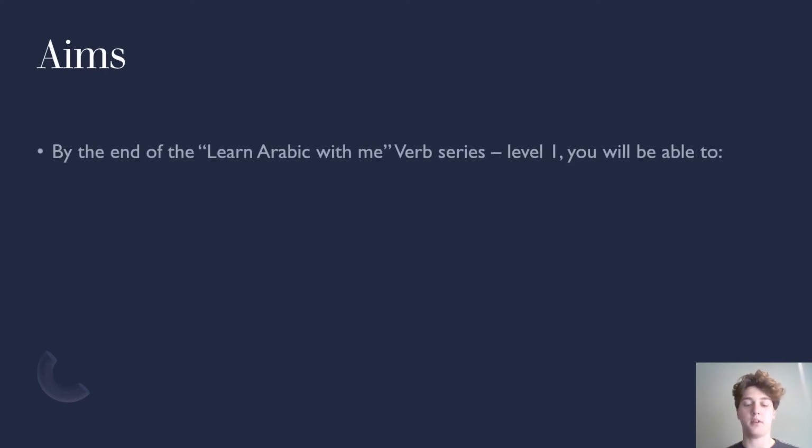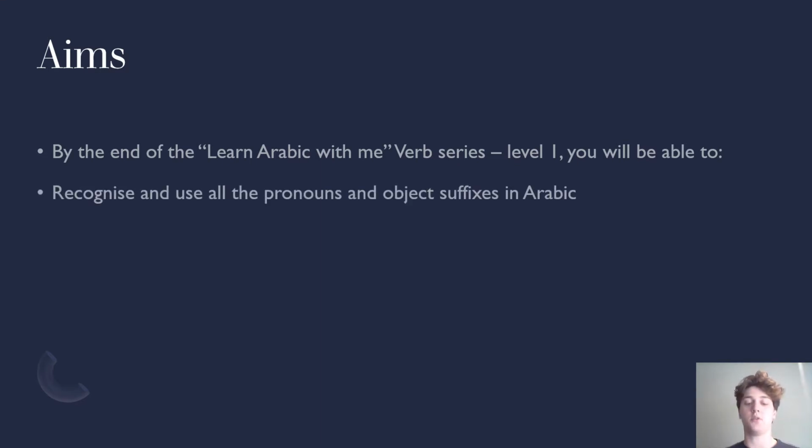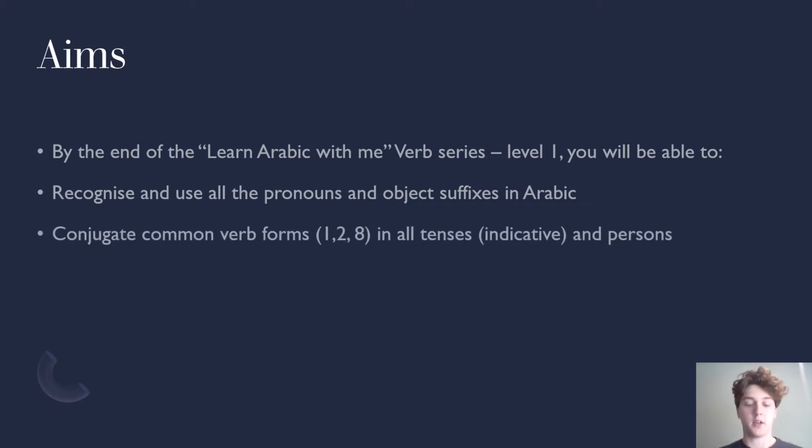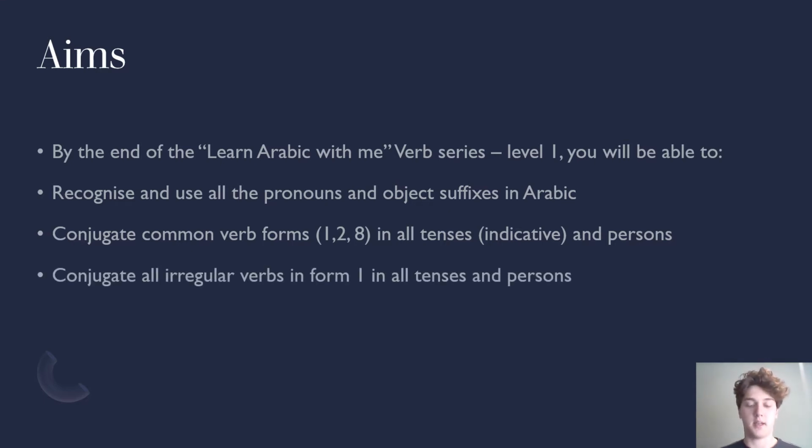Now, these are the aims of level 1. By the end of the Learn Arabic with Me verb series level 1, you'll be able to recognize and use all the pronouns and object suffixes in Arabic, conjugate common verb forms 1, 2, and 8 in all tenses, in the indicative mood, and we'll come on to that later, you don't need to know what that means yet, and persons, and conjugate all irregular verbs in form 1 in all tenses and persons.